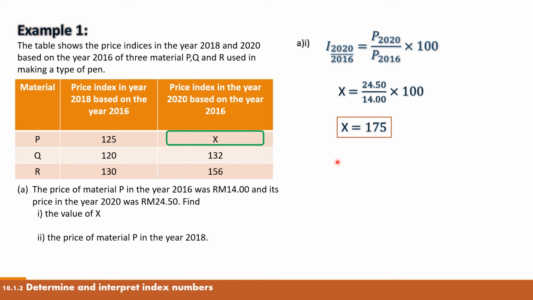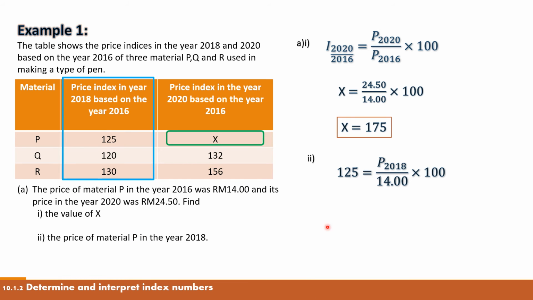Next, let's proceed to the second part of the question, to find the price of material P in the year 2018. As it involves the year 2018, we are going to look at the second column, the price index in the year 2018 based on the year 2016, for material P. Applying the formula as well, 125 equals the price of 2018 divided by 14, which is the price of material P in year 2016 as given in the question, multiplied by 100.